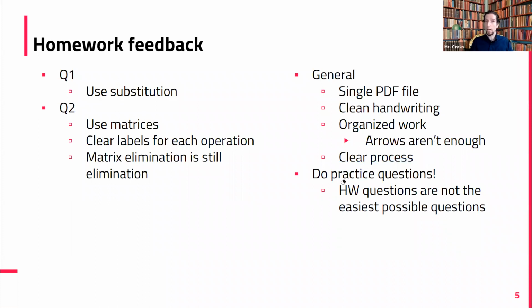The same way that I write out enough process for you to understand the work during class. If I just jump to, here's the final answer, you figure it out, that wouldn't be very useful. So I show you the process so you can understand what's happening. I expect you to do the same and have a clear enough process that other people can read it and understand what your thought process was.